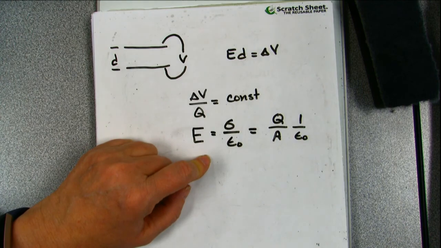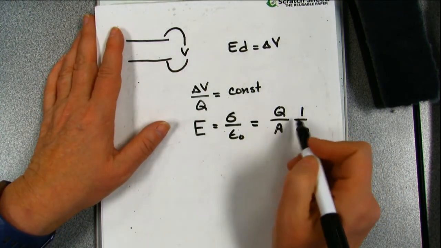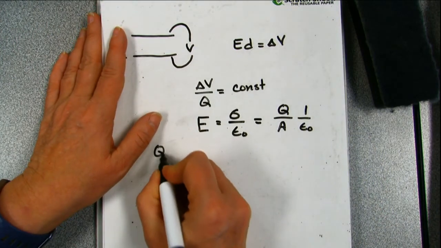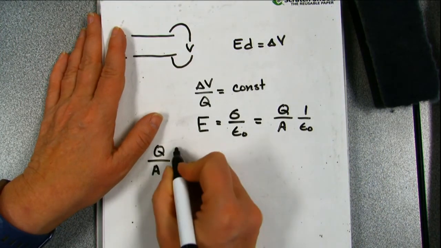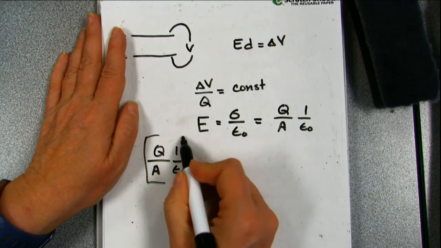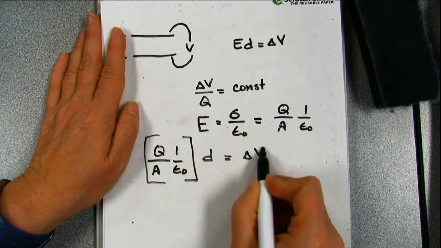So I've got that. Now I'm going to plug that into this up here. So I get Q over A, times 1 over epsilon, times the separation distance d, is equal to my change in potential.